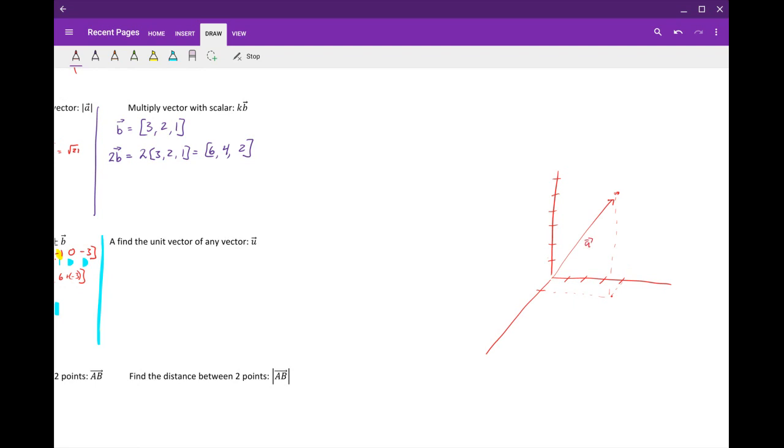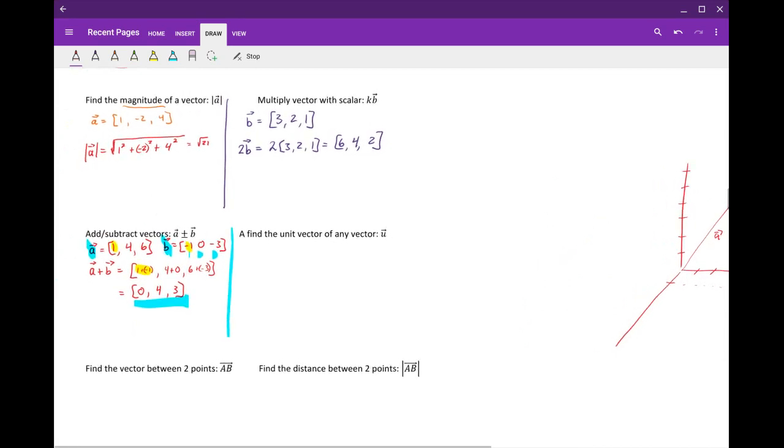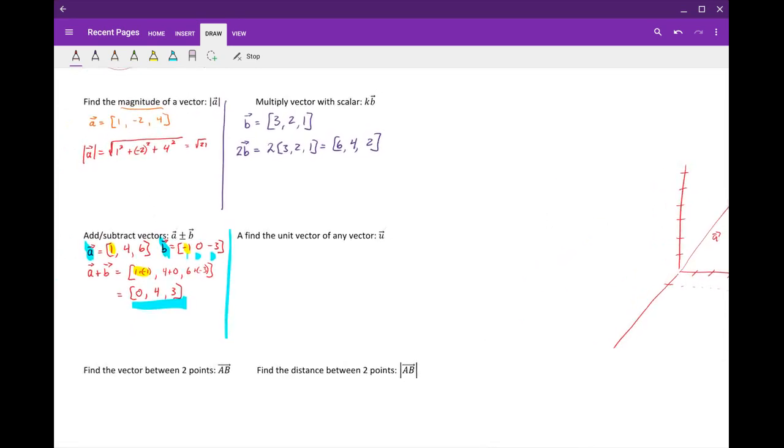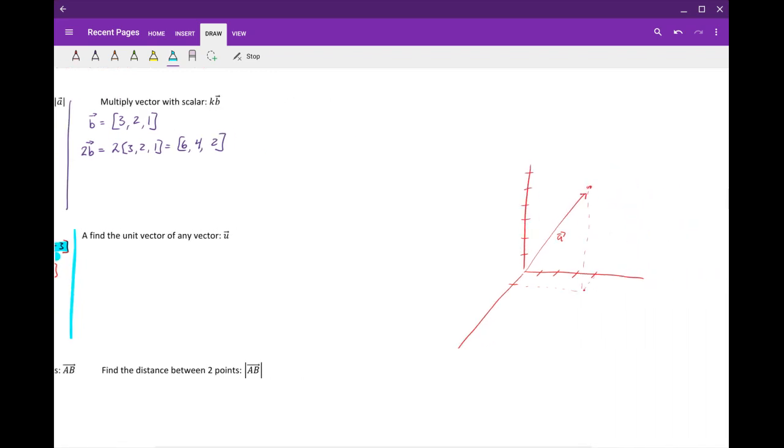And now at A, I'm going to do B, which is that right there. Whoops, crossed it out. I meant to highlight it. Now I'm going to do B, which would be 1 in the x direction, 0 in the y direction, and negative 3 in the z direction.